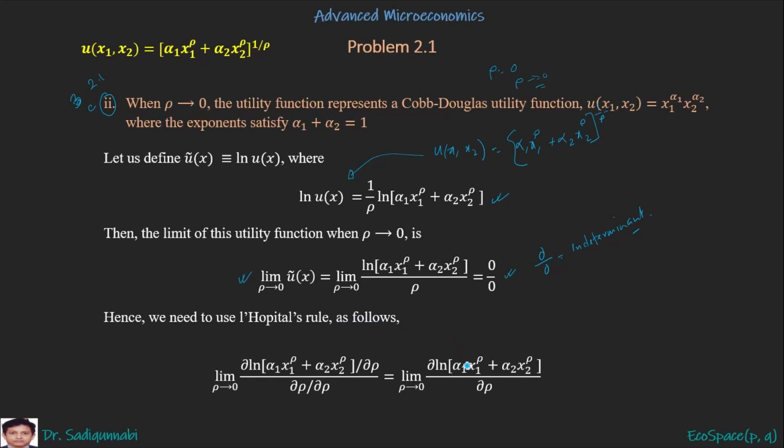L'Hopital's rule means you take the first derivative of both the numerator and the denominator. So taking this, we get this equation, and this ultimately cancels out the 0 by 0 indeterminate position.